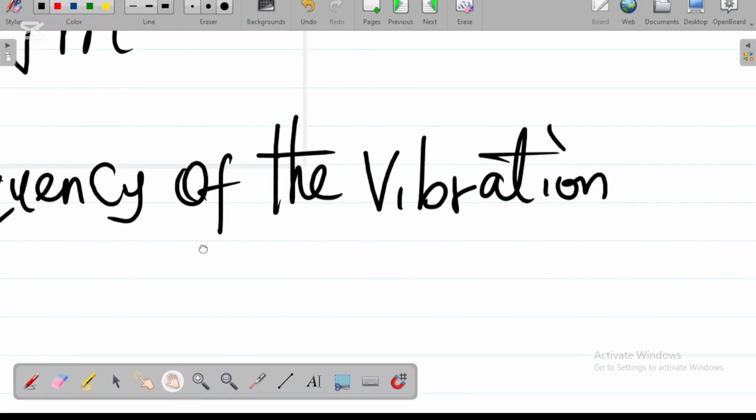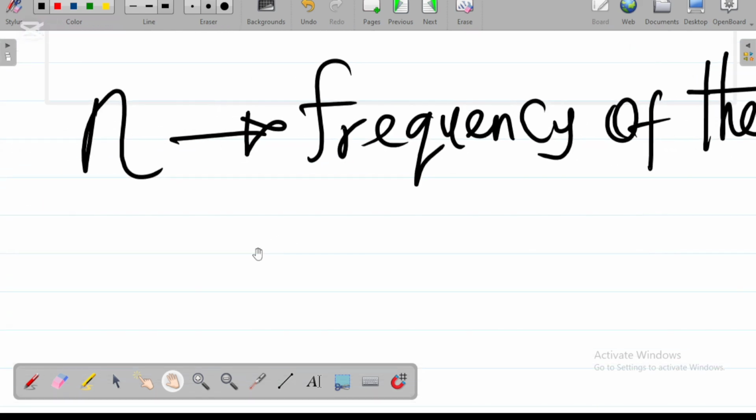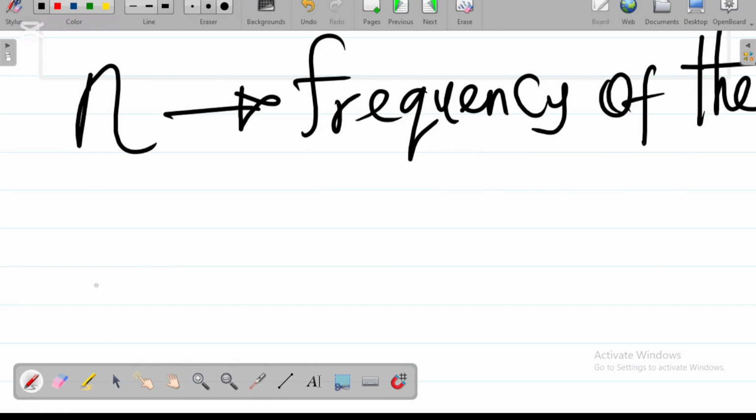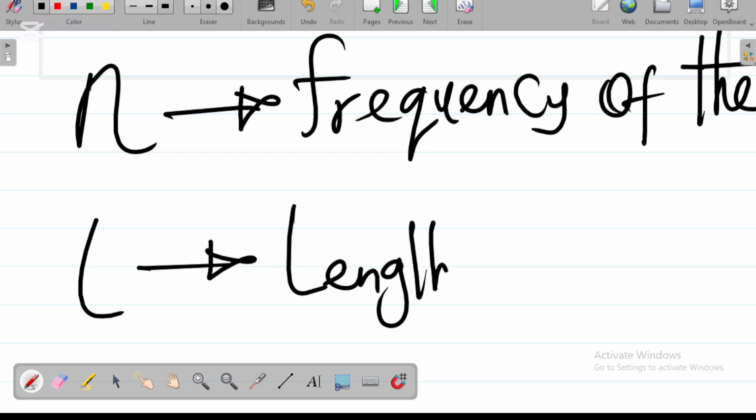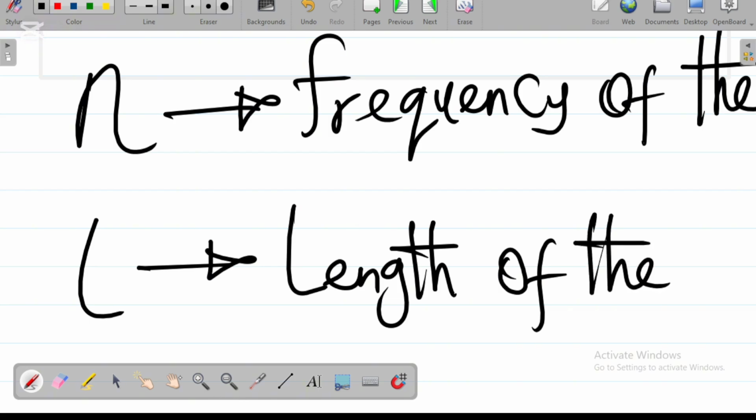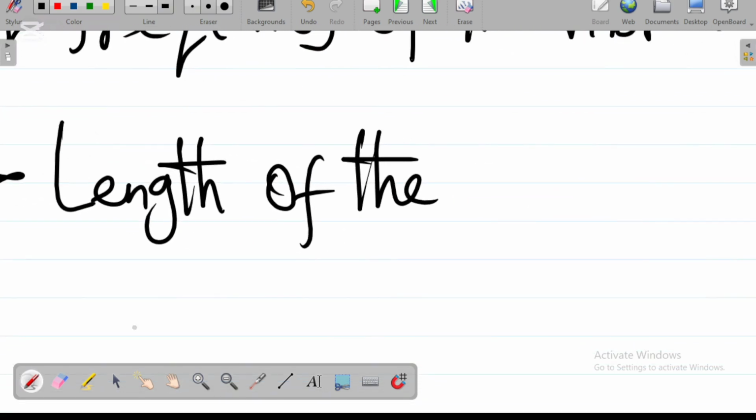And then L is the length. L is the length of the vibrating wire.